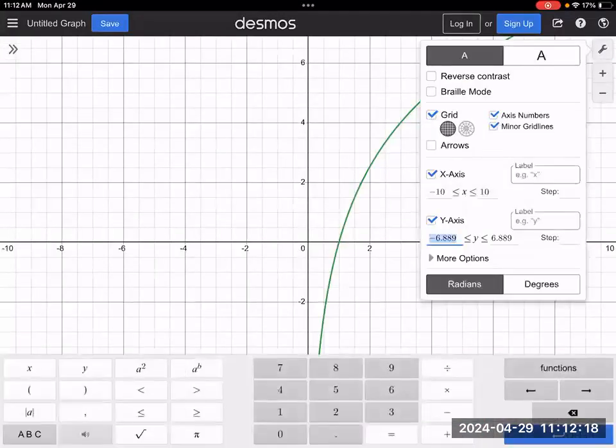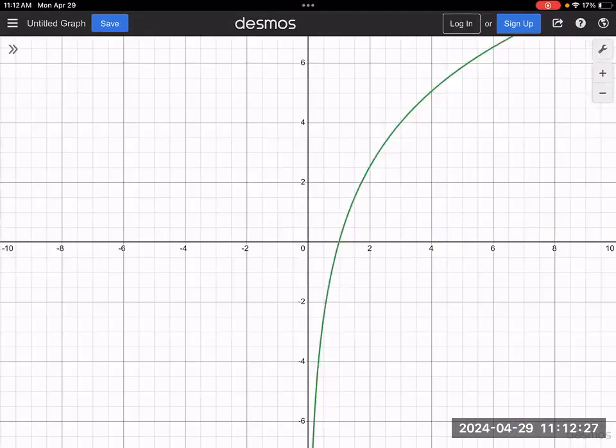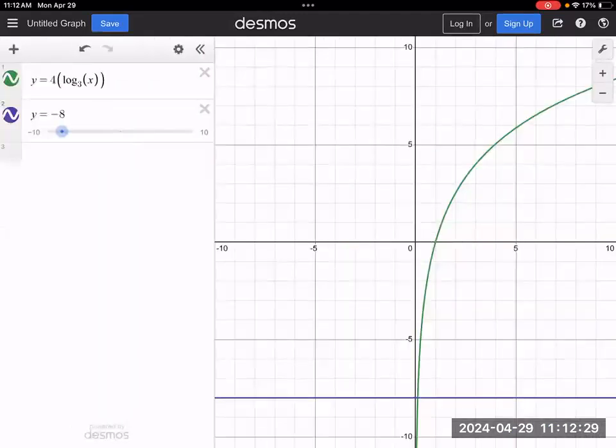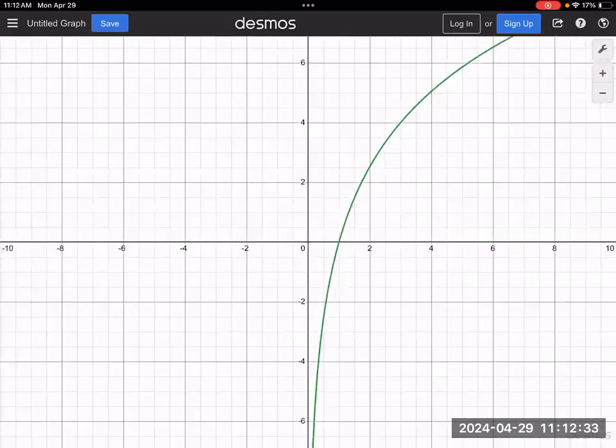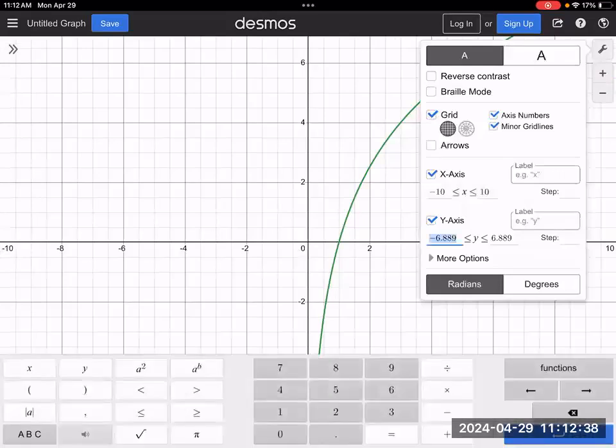Okay, so we do have some sort of an intersection going on, and we want to make sure we see your y value, which is your y2, the second y, equal to -8. If I'm not seeing it here, let's just change your y.